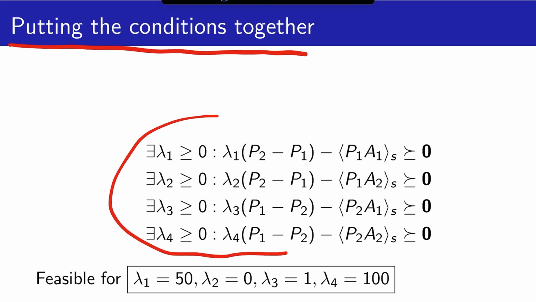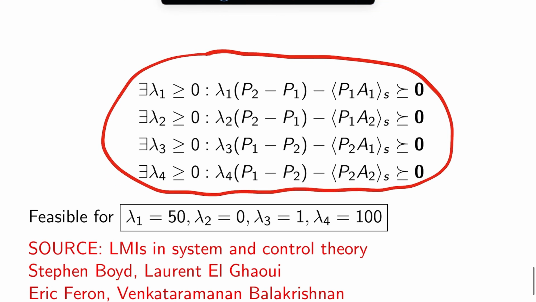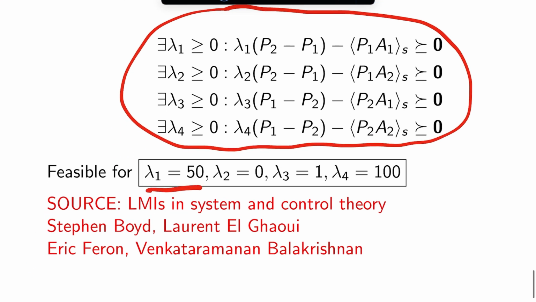Okay, and the situation is that this is feasible for these given lambda values. And the source of this problem, of course, they were not explaining like I was explaining, as if I was explaining to a child, because I try to explain things like I am explaining to myself, and because I still have this child in my brain, having fun over there.